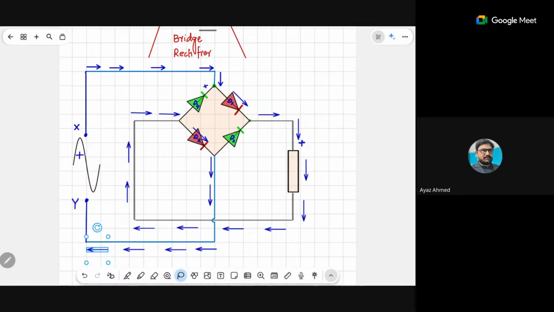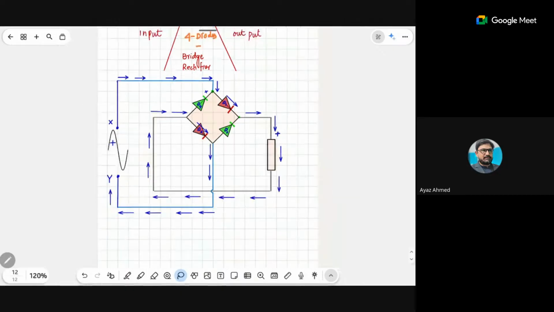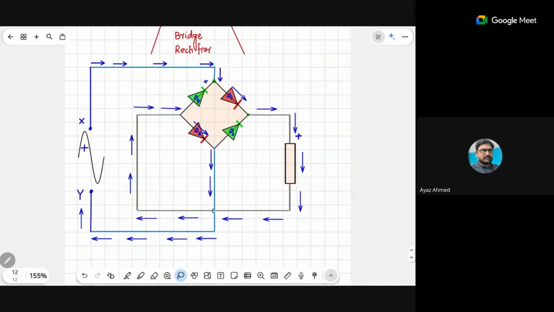It takes place only in 10 milliseconds, which I have drawn in almost 5 minutes. So this is the positive half cycle. Is this path clear to you all, how the current flows for this positive half cycle?